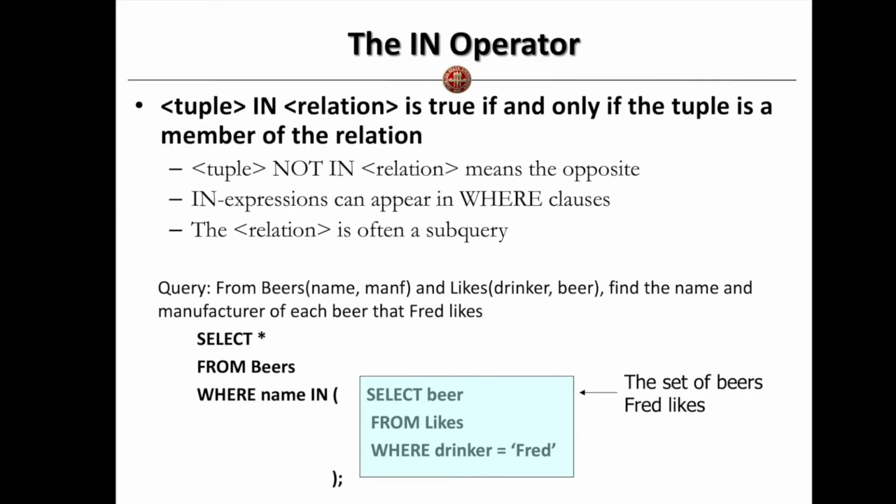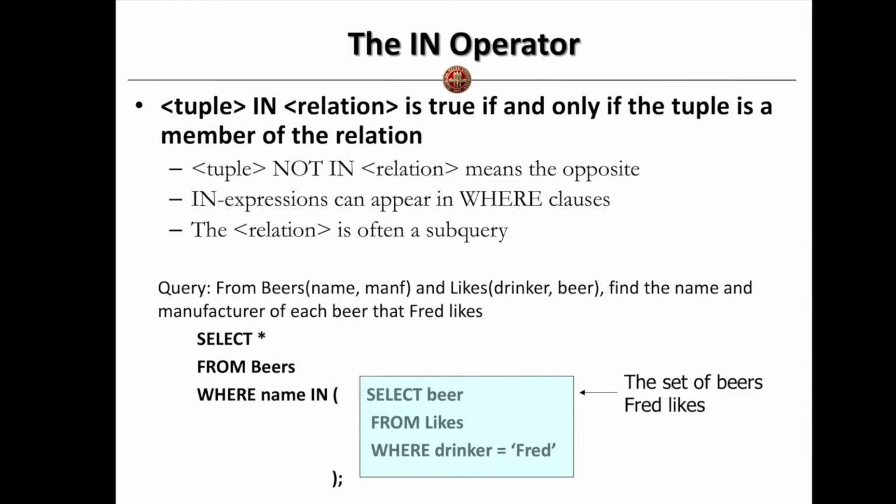I think you should be able to write down a query, right, without using a subquery. So we can select Beers.manufacturer and name, right, from Beers, Likes where Likes.drinker equals Fred and Beers.name equals Likes.beer, right? This is what we can write before we learn the subquery. If we plan to use a subquery in this question, how can we do this?